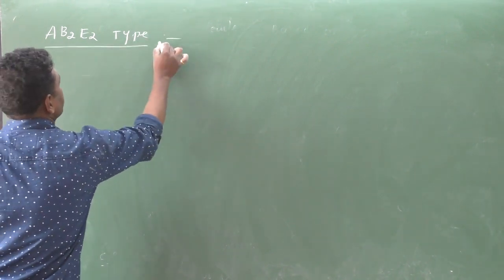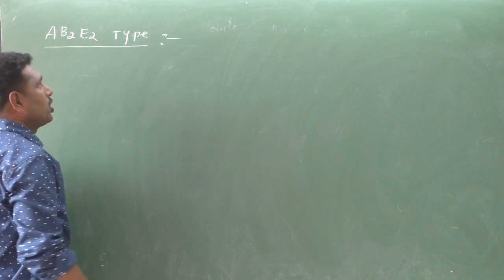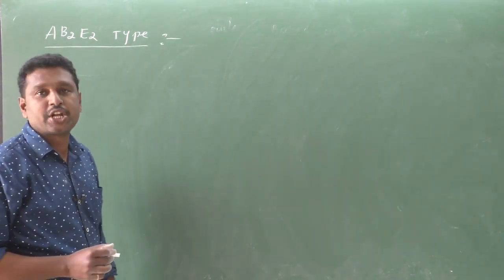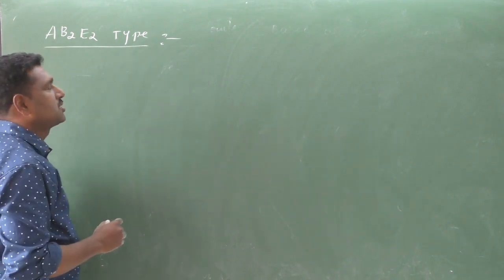So the AB2E2 type of molecule is bent shape. So how is the structure?